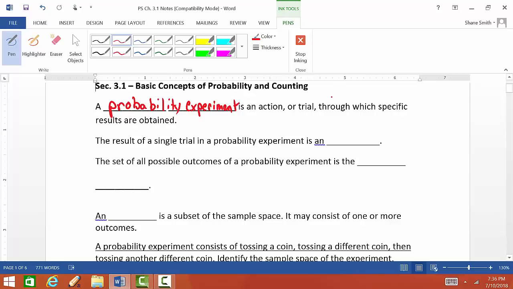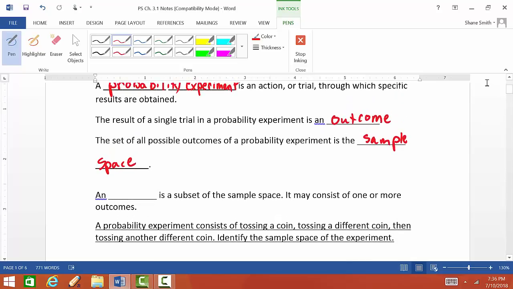And a single trial from that probability experiment is known as an outcome. And the sample space is the set of all possible outcomes from that probability experiment. Now, many times you might refer to an event where that event contains more than one outcome.